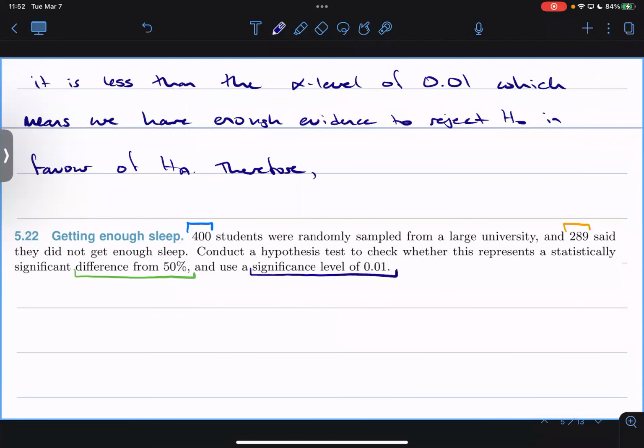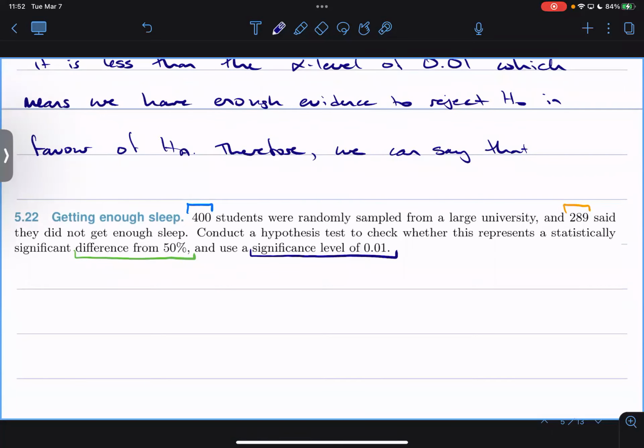Therefore, we can say that the proportion of students, this is to mean all students, right? Because our conclusion is in terms of the population proportion.